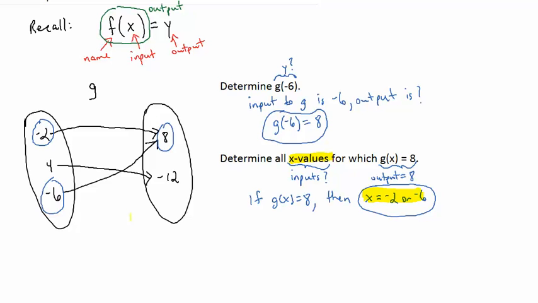Now let's look at a set of ordered pairs. Okay, so now I have a function that's written as a set of ordered pairs, right? And so the first question that I want to answer here is determine R of 3. So I know that my input to R is 3, and R of 3 means what's the output, so determine the output.